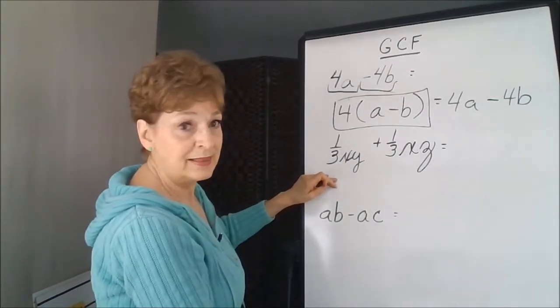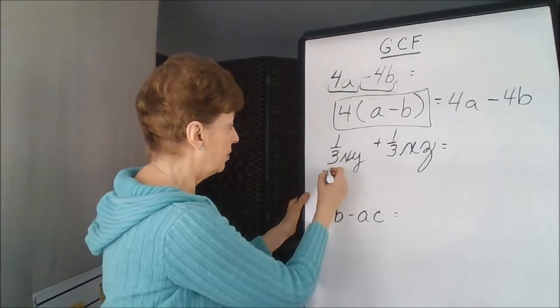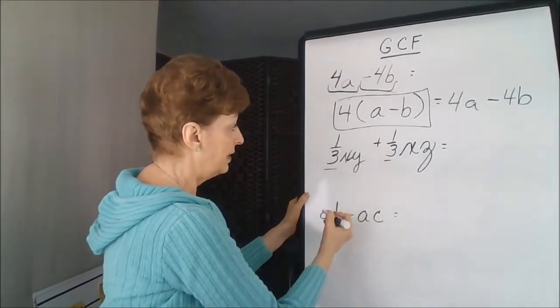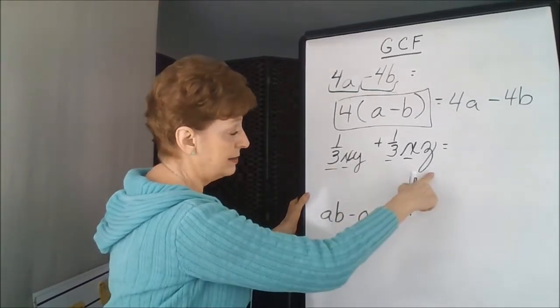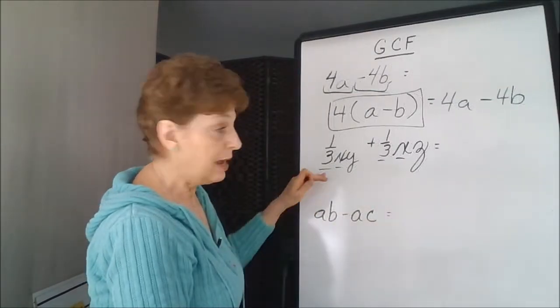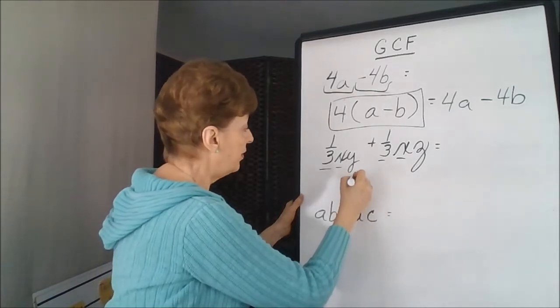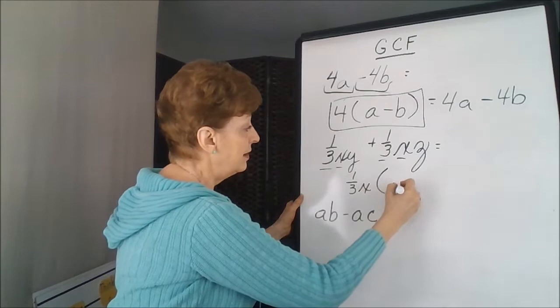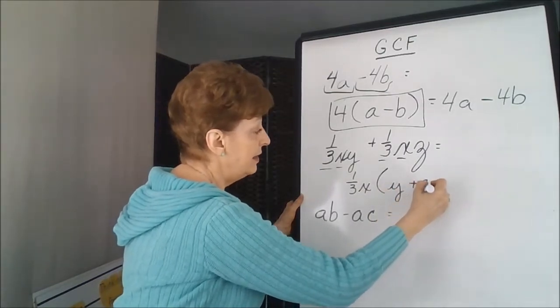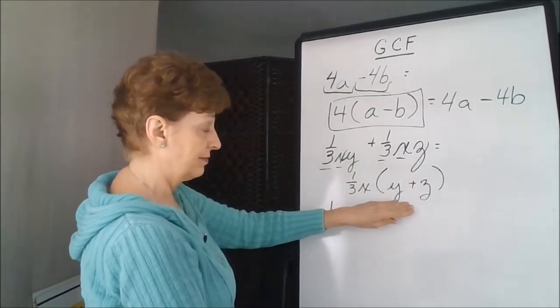Noticing what's common in this one, we've got a 1/3 in both of them. We have an x term in both. Then we have a y and a z. So those are different. So we're going to be able to take out 1/3 x. And then the y and the z have to go separately.